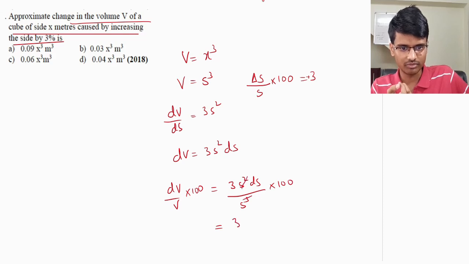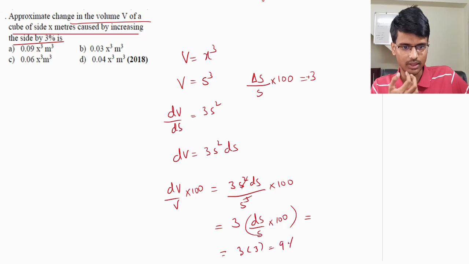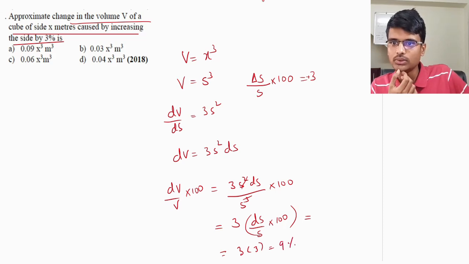I am left with 3 ds by s into 100. This is nothing but 3, so I get 3 into 3, which is 9. So the approximate change is 9%.